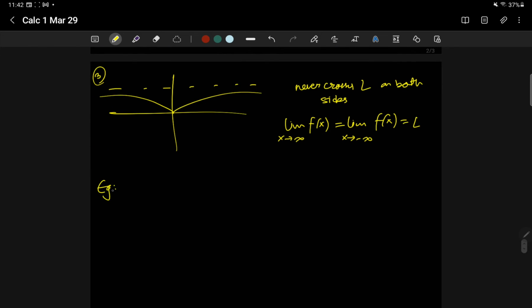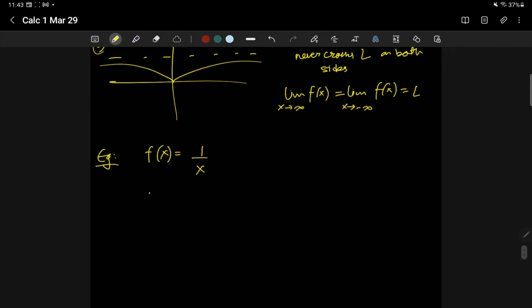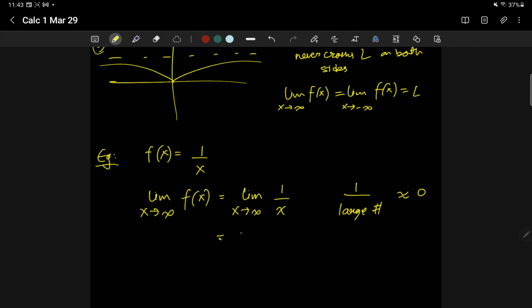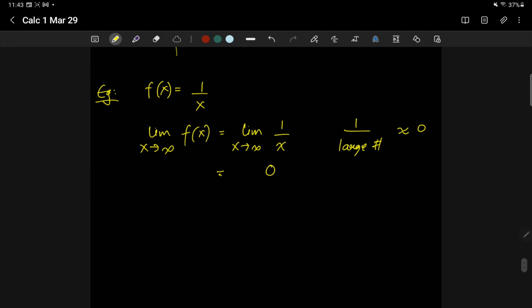Let's look at some familiar examples. One of the most familiar ones we have seen is 1 over x, and we know how to evaluate these limits. As x goes to infinity of 1 over x, we have 1 over a large number, which is almost 0. So this limit is 0.